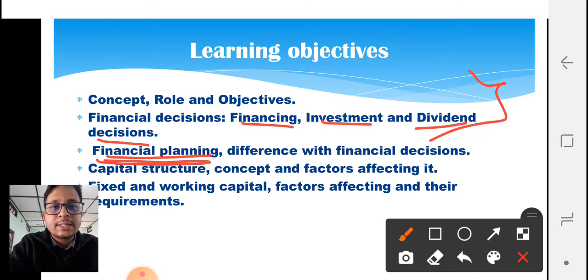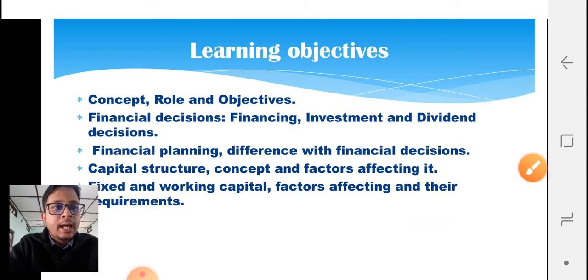Financial planning is a sequence of steps in chronological order, starting from the amount of funds that your business requires, then preparing a financial statement, then deciding from where to raise the funds, and also the utilization of funds and how the firm is going to distribute the profits it makes. All those things will be discussed under financial planning.